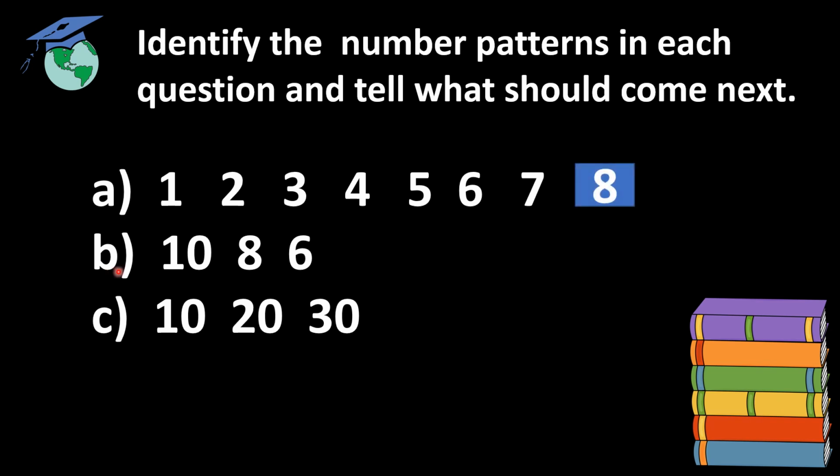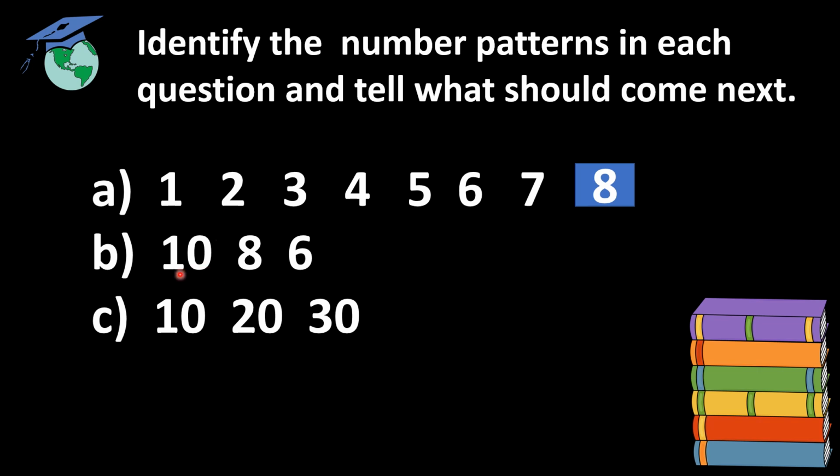Next question, 10, 8, 6. You can see that in this sequence the number is decreasing. From 10 the number became 8 and from 8 it became 6. Now let us find how many number gaps are between them.